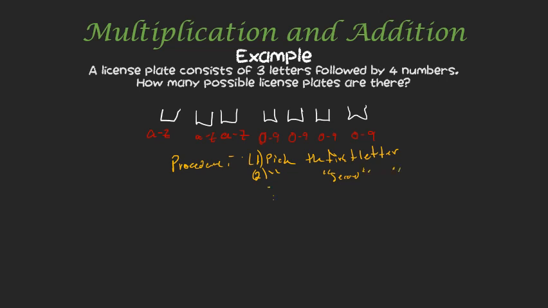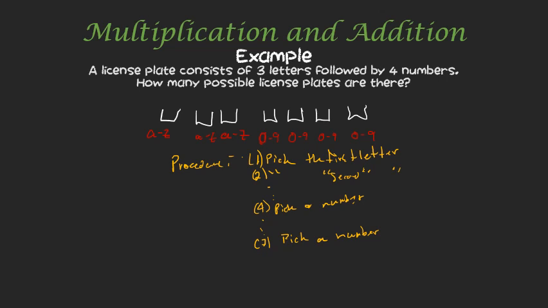And then step 4 would be to pick a number, and we would continue that on all the way to step 7, which would be our last step, and that would also be to pick a number. Sorry, I should have said number before. Let me erase that. Pick a number. And so we have these 7 tasks.